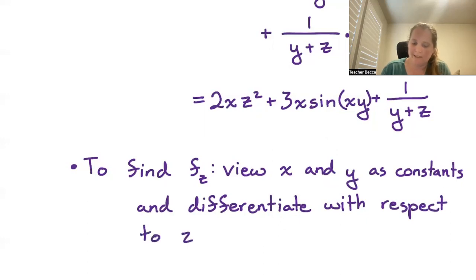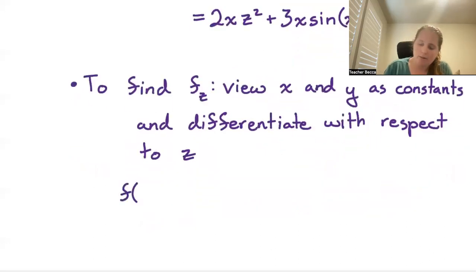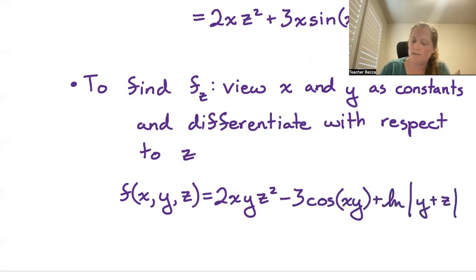So again, f of x, y, z is equal to 2xyz squared minus 3 cosine of xy plus the natural log of the absolute value of y plus z. Again, x and y are acting like constants. So that means this minus 3 cosine xy, which has no z's at all, is going to behave like a constant.